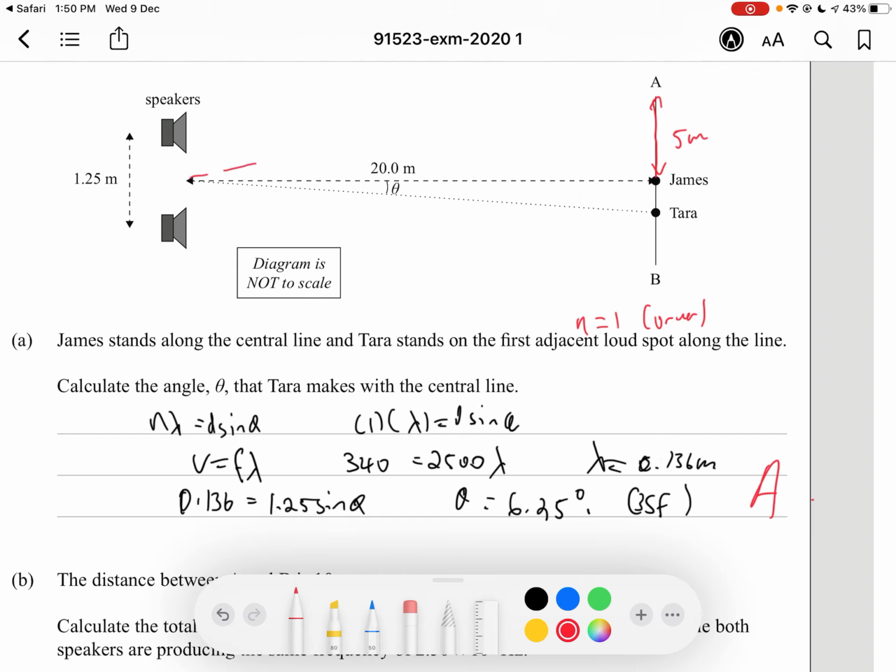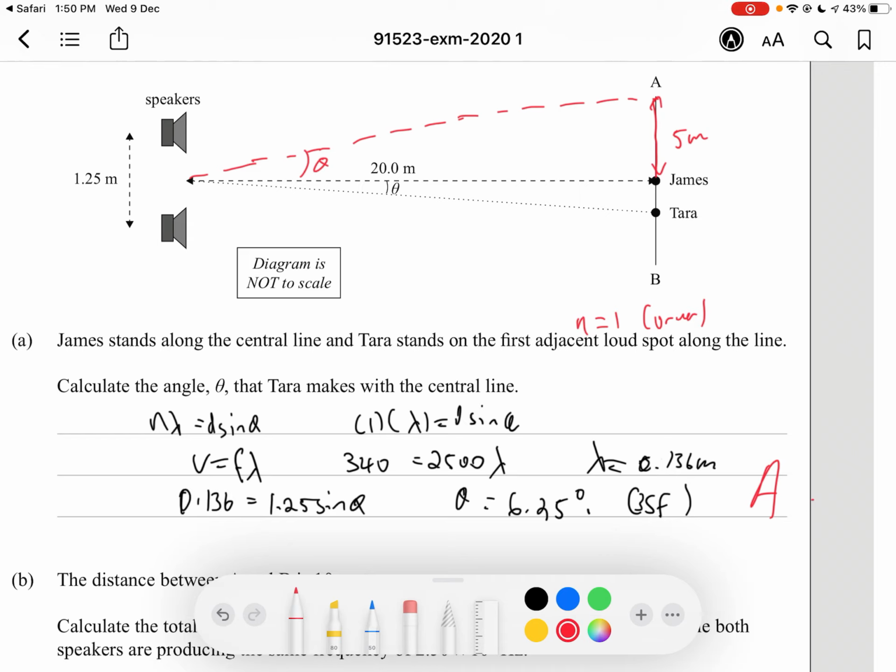And if we draw a line from, so we're trying to find this angle theta, and our purpose is to calculate how many of these loud orders can fit in this angle spectrum. So we're going to be using n lambda equals d sine theta again. Then we're going to figure out how many loud spots occur on one side of the central maxima, then add the same on the other side of the central maxima.